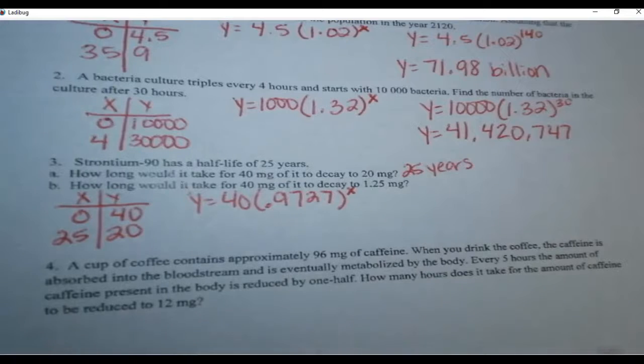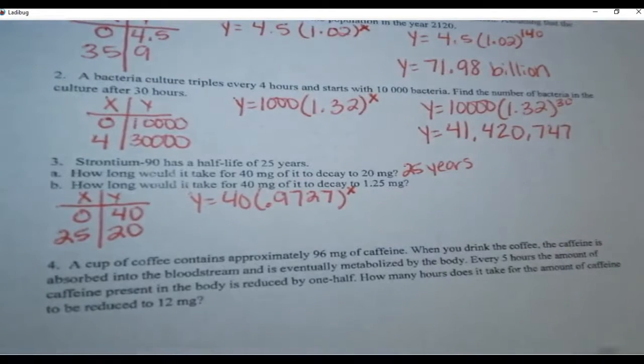So this one is different because I want to know how long is it going to take to get to 1.25. So what am I going to be solving for in this one? X, because I want to know how long it's going to take. So that 1.25 is my y.